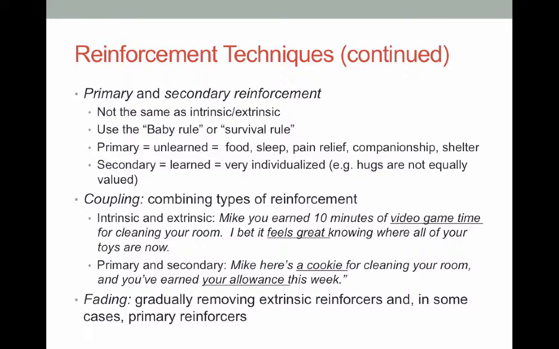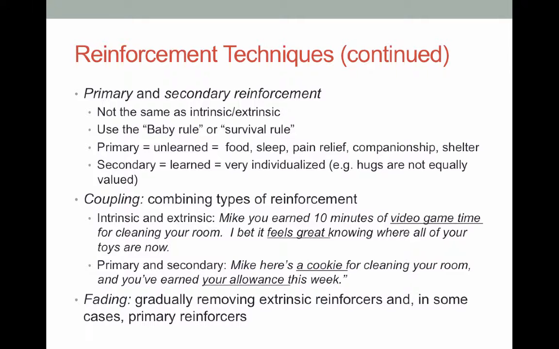Let's apply the baby rule. If you gave a cookie to a baby, what would they do? They'd put it in their mouth, they'd start to eat it, they'd probably quickly realize that it tasted good. If you gave a loonie to a baby, they'd probably do the exact same thing. The only value of the loonie to them would be that it was shiny or smooth. They wouldn't understand that the loonie was worth something that had an abstract value. So it probably would not be worth more to them than the cookie.